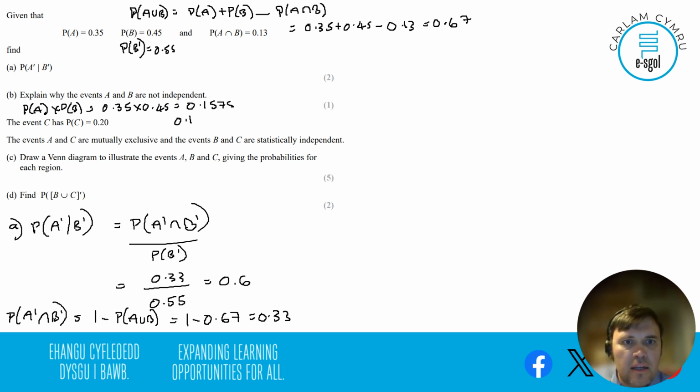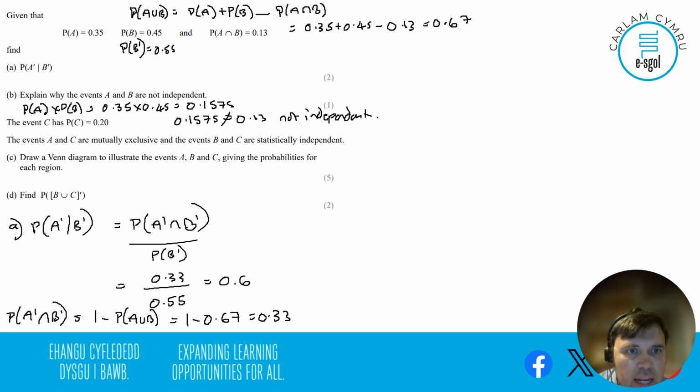And this does not equal 0.13, so not independent. Hope you're following. Part C is, we're told that event C, probability C is 0.2.